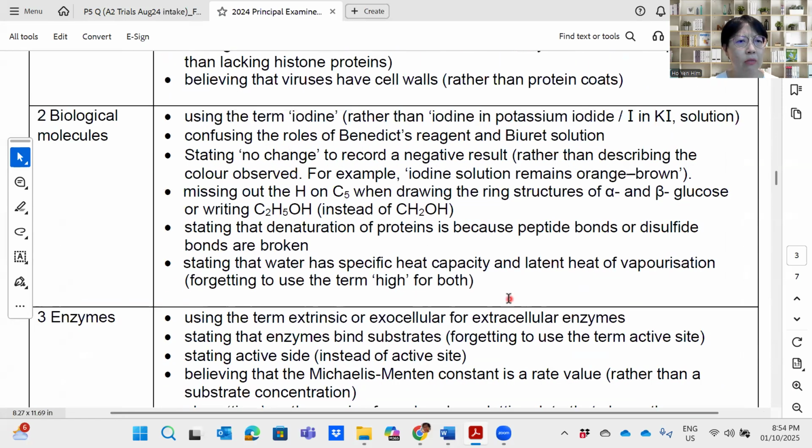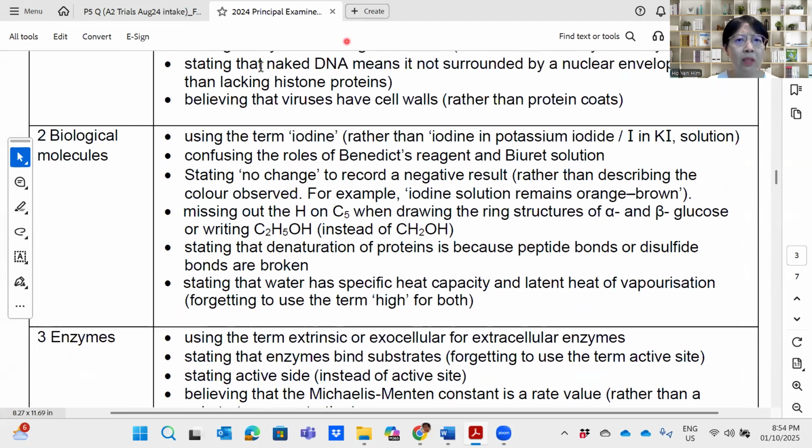Biochemical test is biomolecule here, right? So I want you to see that here, when there is no change, let's say you do a Benedict's test, when color is involved, and where there's no change in color, right?